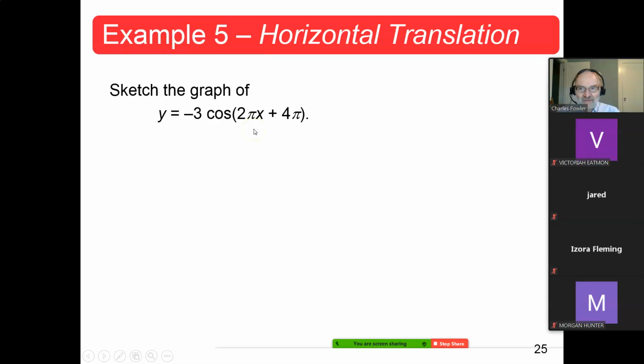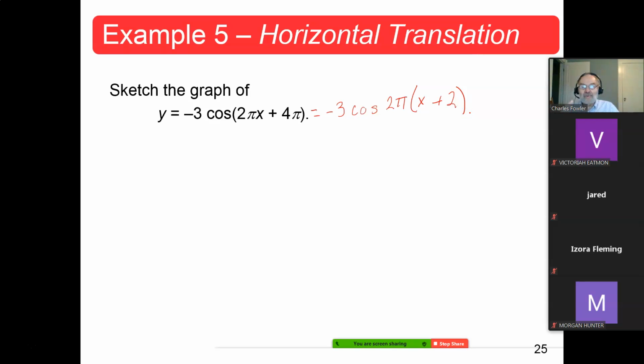So here's the first thing I'm going to do. I'm going to rewrite this as minus 3 times the cosine. Then factor out the 2 pi, the b, and get it on the outside of the parentheses. Still your b. And that leaves you an x in here plus, and when you divide 2 pi into 4 pi, you get 2.